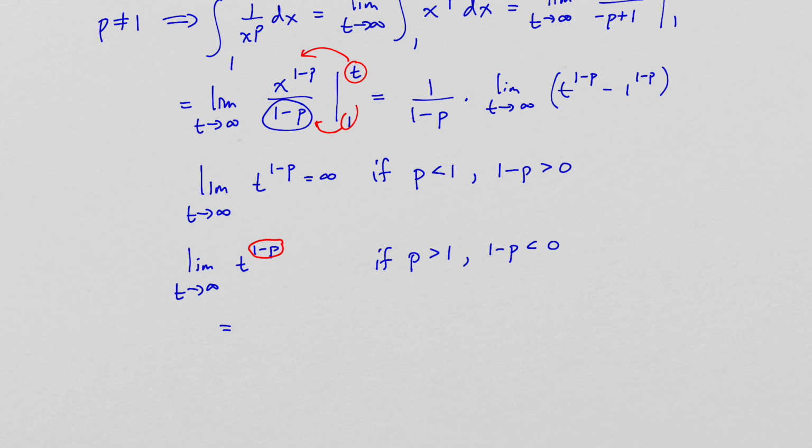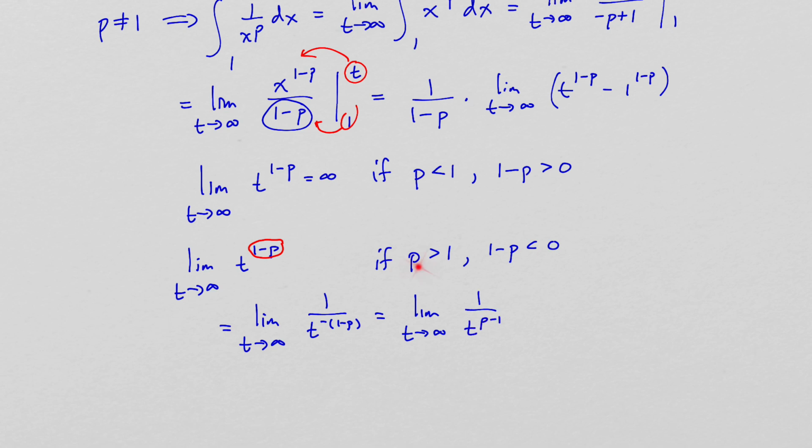And what you can do here is you can think of this as the limit as t goes to infinity. And instead of writing t to the 1 minus p, I can do 1 over t to the negative 1 minus p by definition of negative exponents. And this will be the limit as t goes to infinity of 1 over t to the p minus 1.